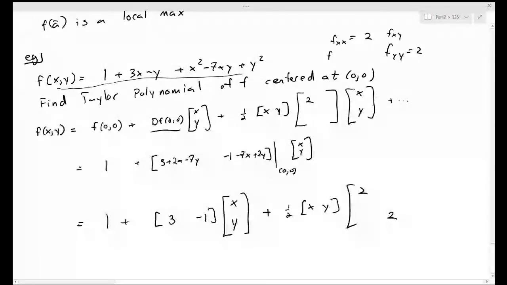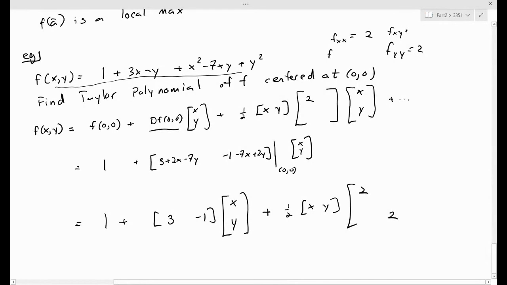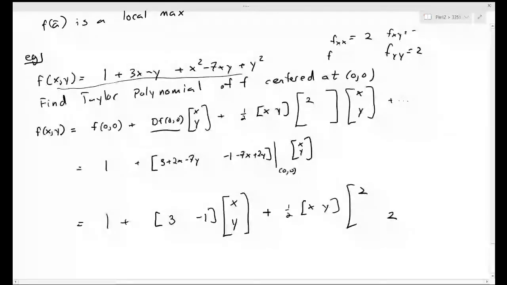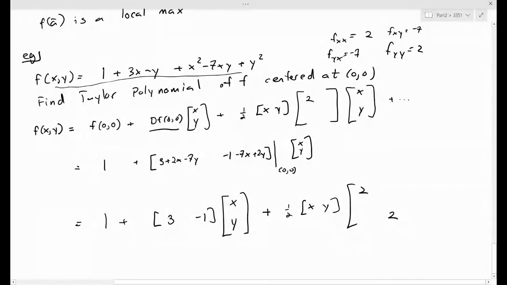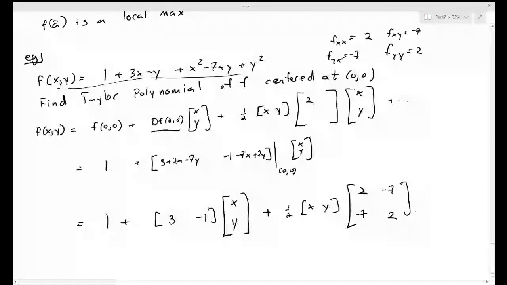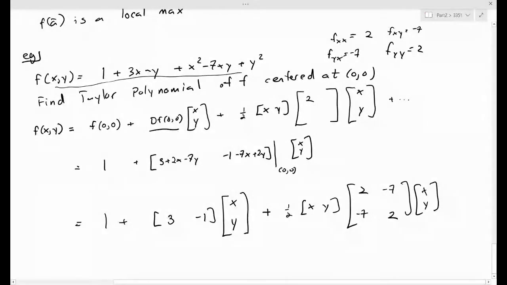Fxy is -7, and so is fyx. And now, what are the higher order derivatives?